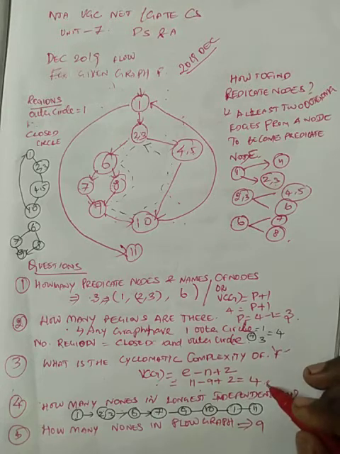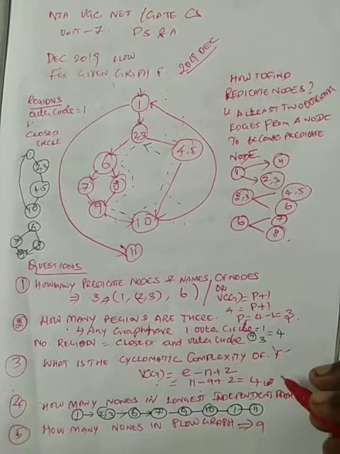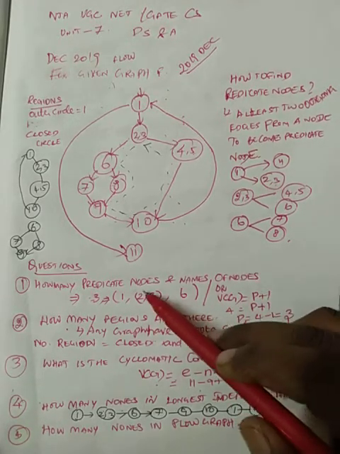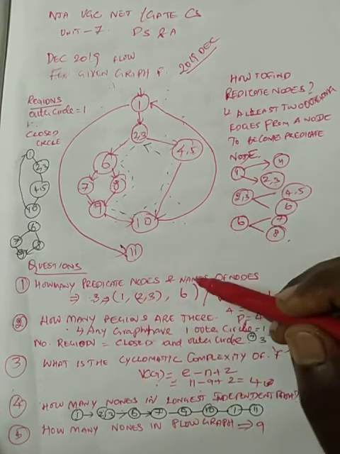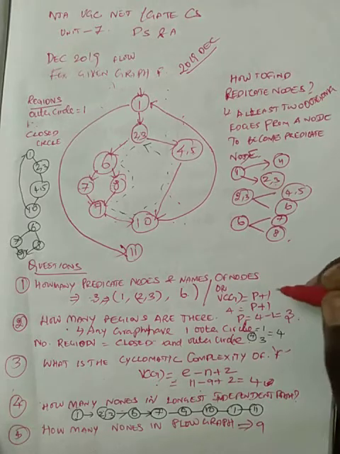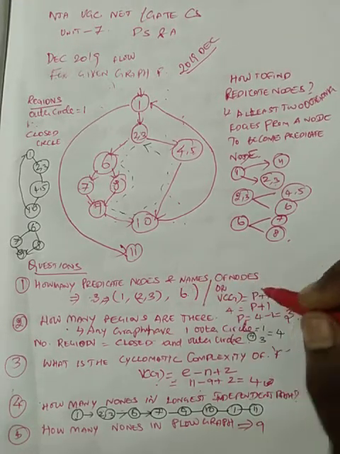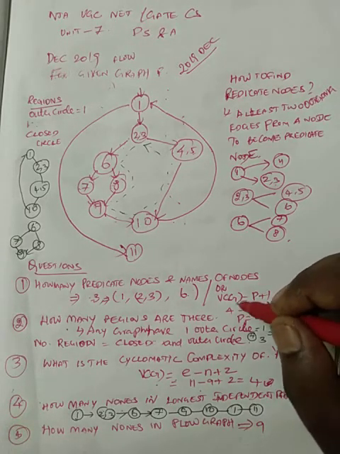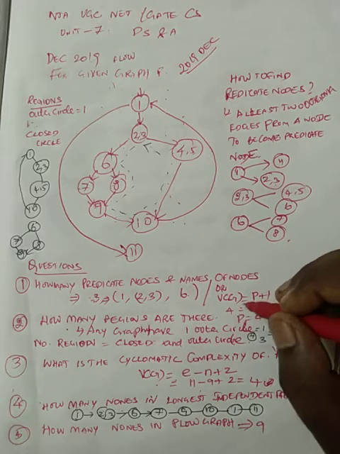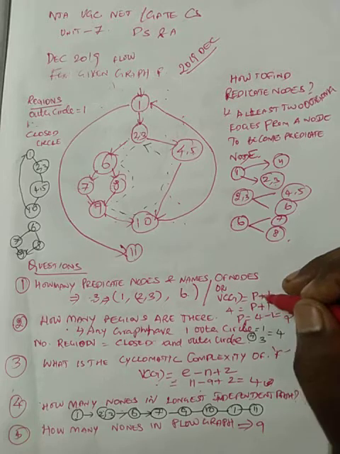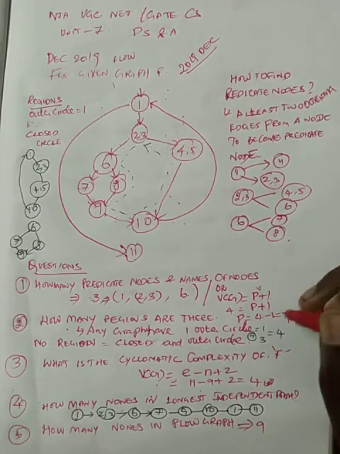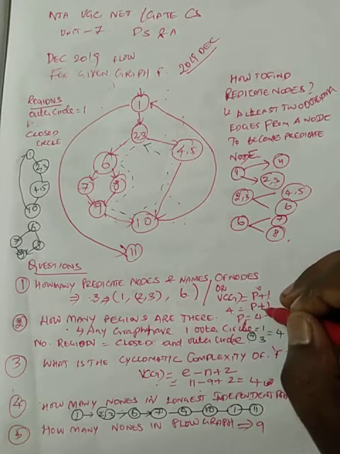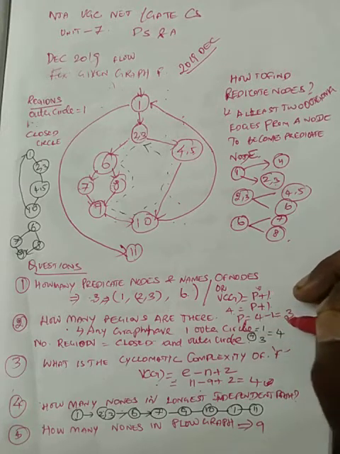If you know this formula, we can easily find the number of predicate nodes. I'll also explain what a predicate node is. But even without knowing that concept, we can find the number of predicate nodes, because the cyclomatic complexity is 4, and the other formula is V of G equals P plus 1, where P stands for the number of predicate nodes. So 4 equals P plus 1, and P equals 4 minus 1, that is 3.